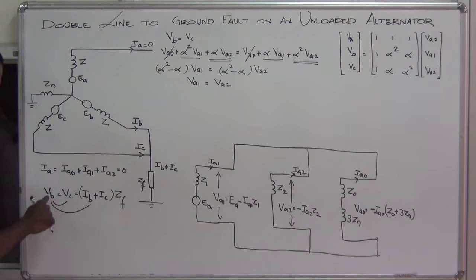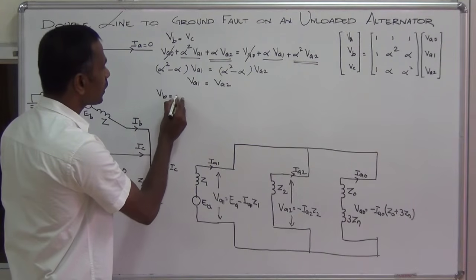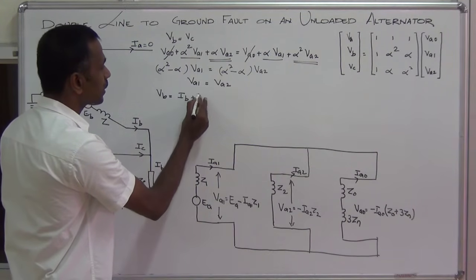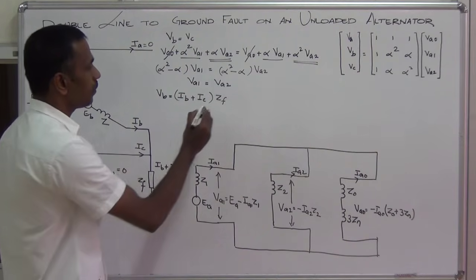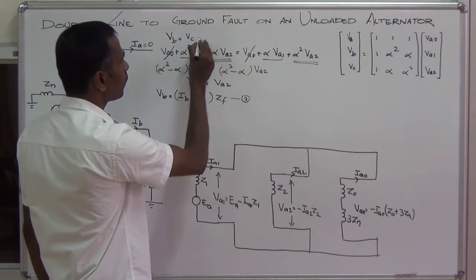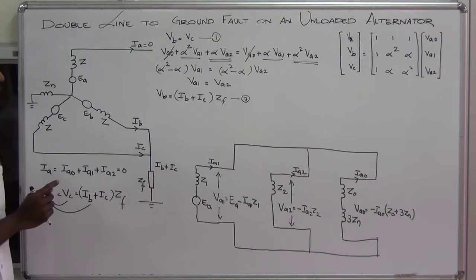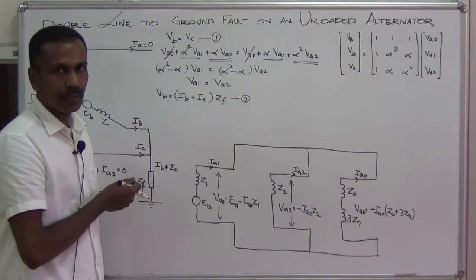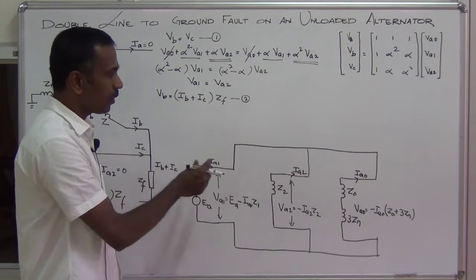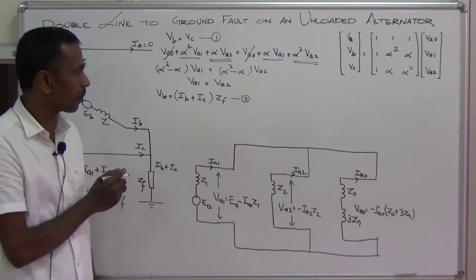Now let us consider the second condition: VB equals IB plus IC into ZF. This is our second condition. We split this equation into two conditions in order to get the sequence voltages, so that we can understand how the three networks are interconnected when you consider the fault impedance ZF.